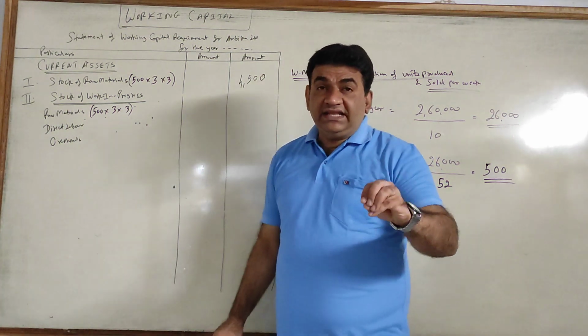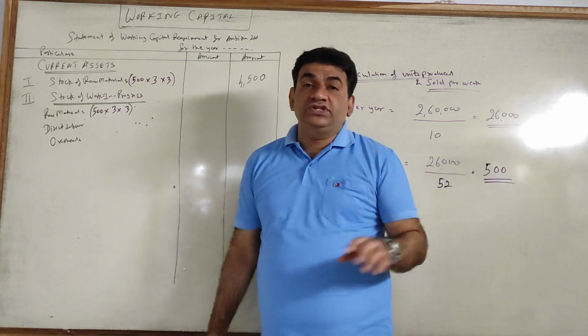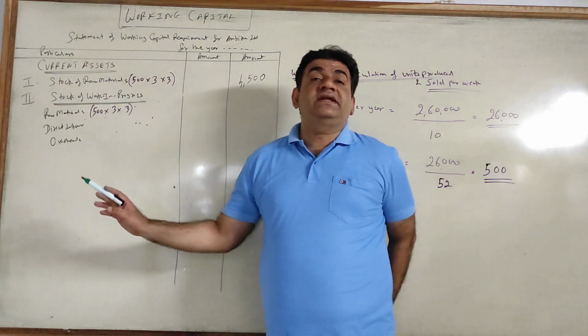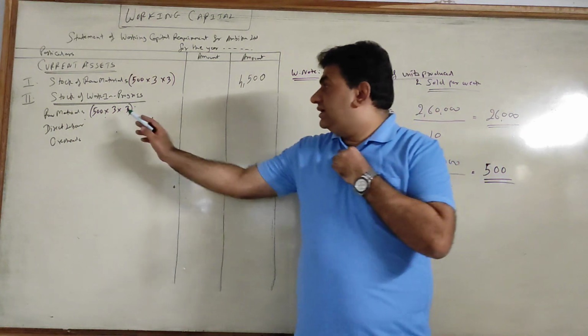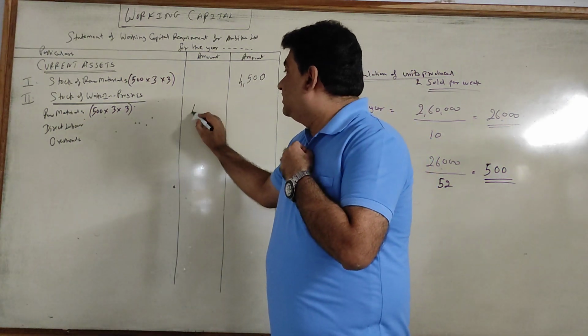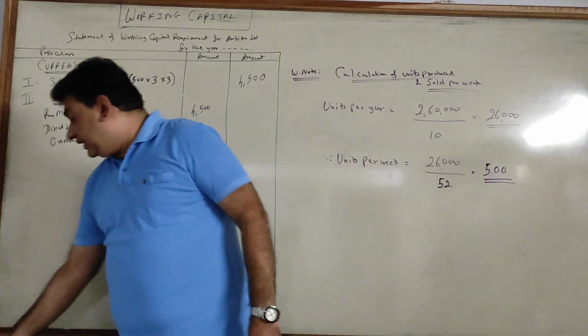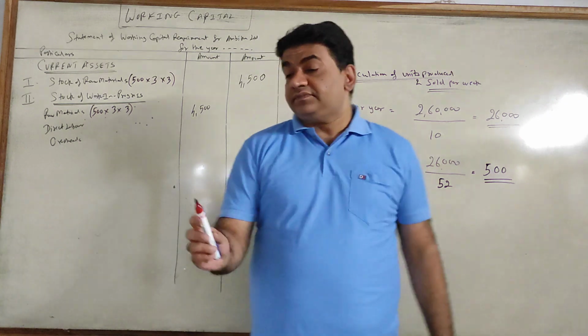Today if I enter material, it takes 3 weeks to convert it into finished goods. So the processing went on for 3 weeks. So that processing period will be the period to be considered for WIP. And if you see, you get the same answer, 4,500. So 500 into 3 into 3, 4.5.